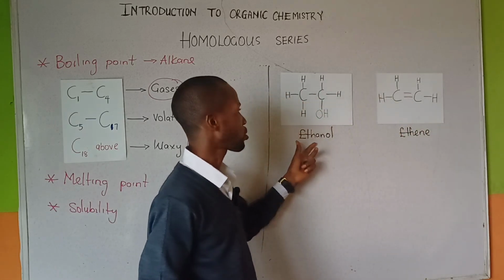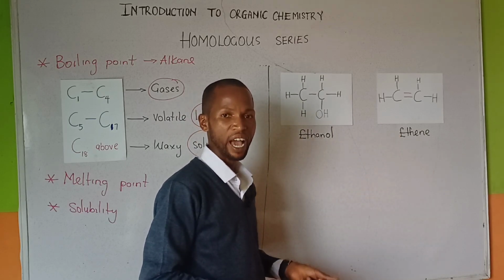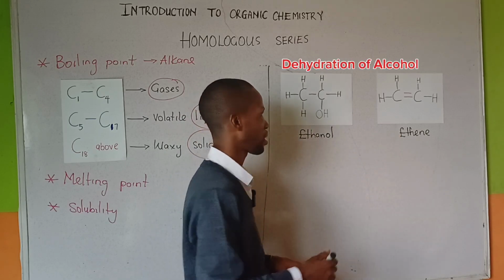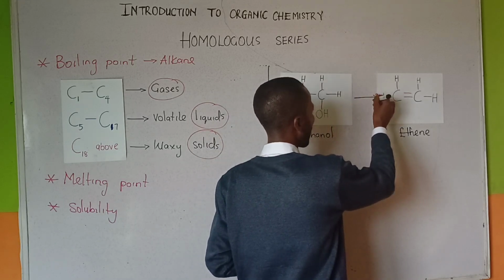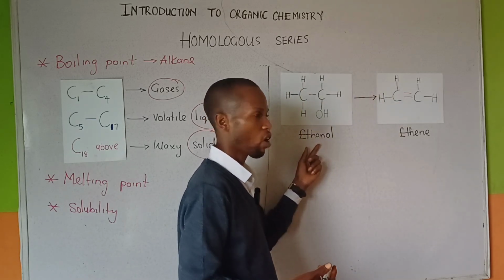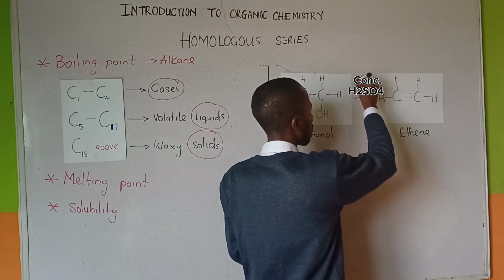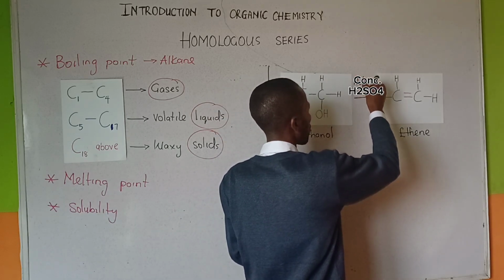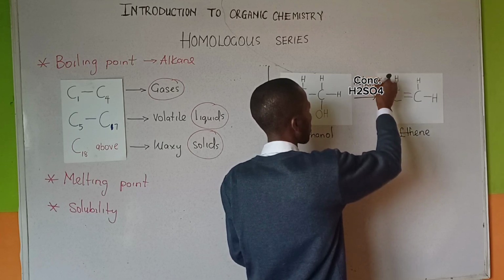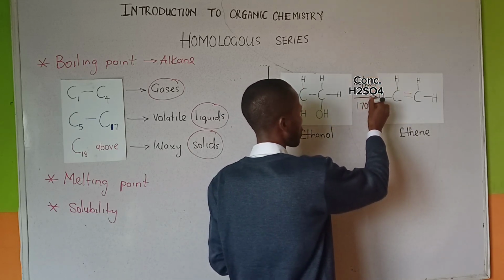So the transformation of ethanol to ethene is by the dehydration process. The condition for dehydration of alcohol, removal of water from alcohol, is in the presence of concentrated tetraoxosulfate(VI) acid, at 170 degrees Celsius.